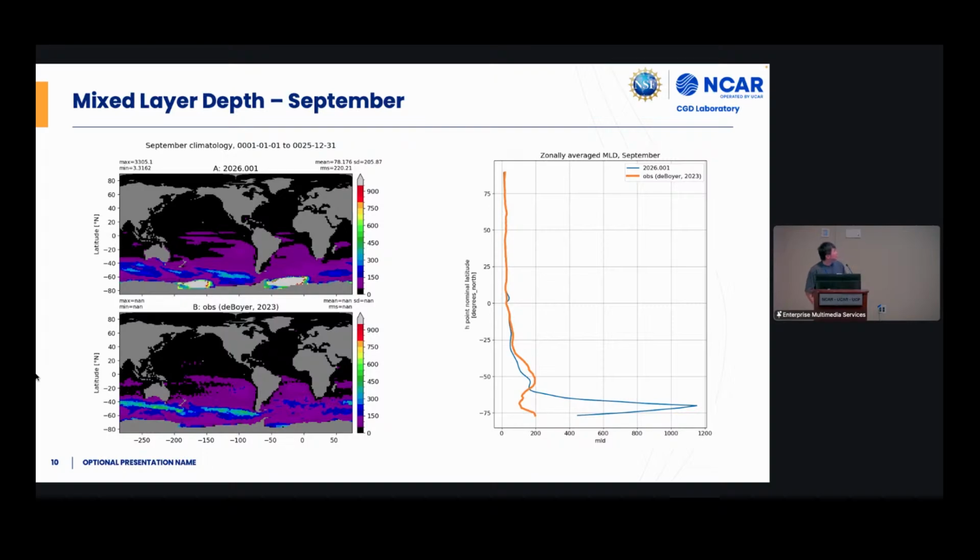The model has some unrealistically deep mixed layer, which shows in both plots. In the zonal average plot, you can see the spike over there.